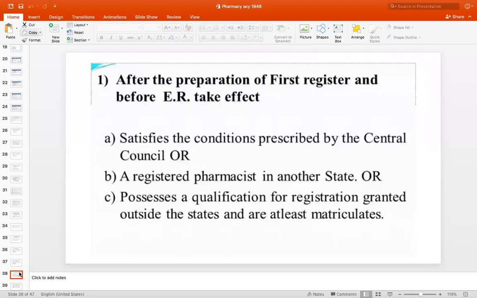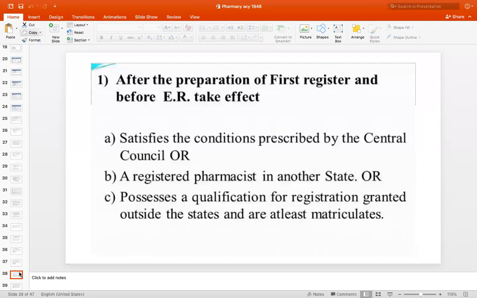He satisfies the condition prescribed by the Central Council, or is a registered pharmacist in another state, or possesses the qualification of registration granted outside the state and is at least a matriculate. So the first thing is he or she should satisfy the condition prescribed by the Central Council. I have already told you, Pharmacy Council is the Central Council. State Pharmacy Council is for the state.